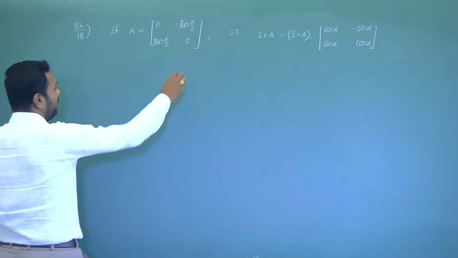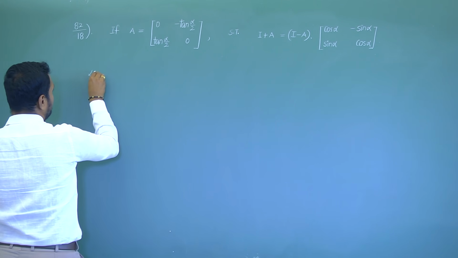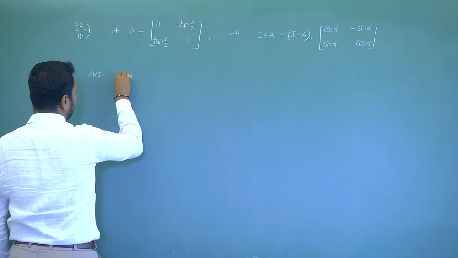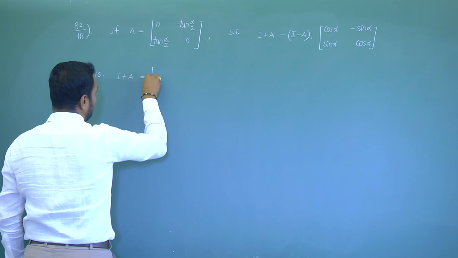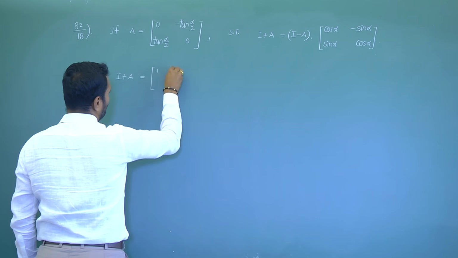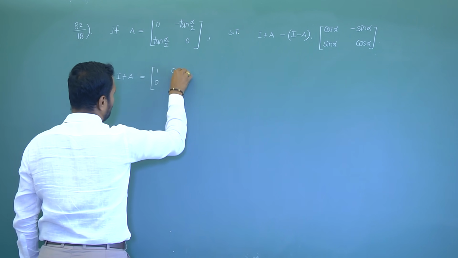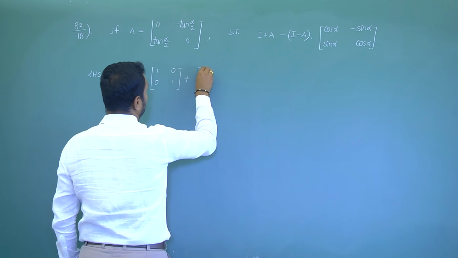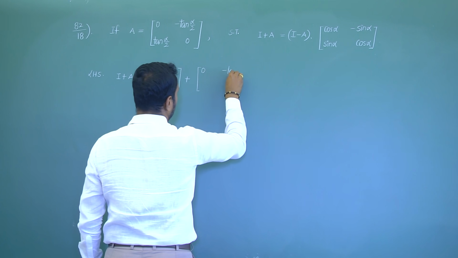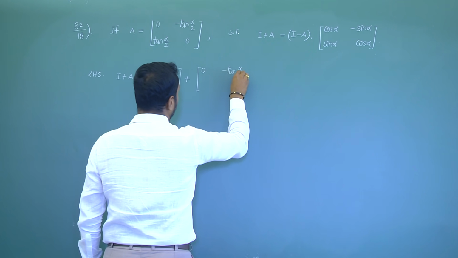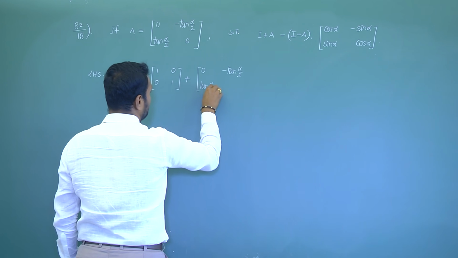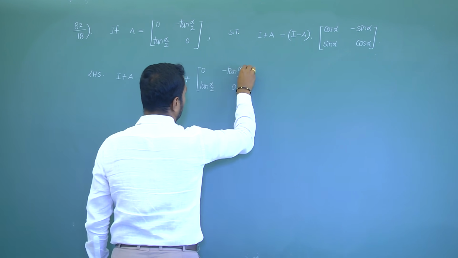As capital A is a 2 cross 2 matrix, we need to consider the identity matrix of order 2. First, I am calculating the LHS separately, that is I plus A. What is I? Already given, the 2 cross 2 matrix [1, 0; 0, 1], plus what is capital A, [0, minus tan alpha by 2; plus tan alpha by 2, 0].